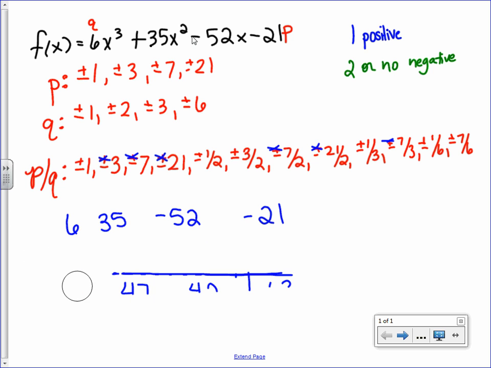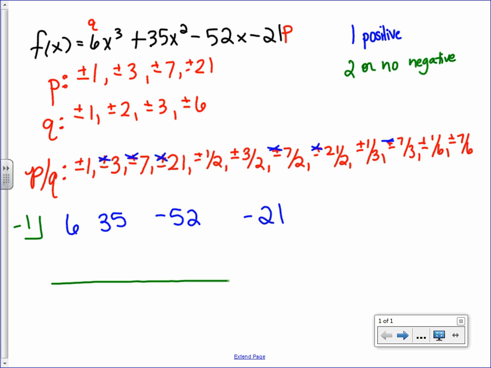Do you want to go after this fraction, or do you want to start looking at negative numbers? Negative numbers? Okay. Alright, what do you want to start with? Negative 1? Somebody said negative 1, someone said negative 3. Negative 1? 35 minus 6 is what, 29?